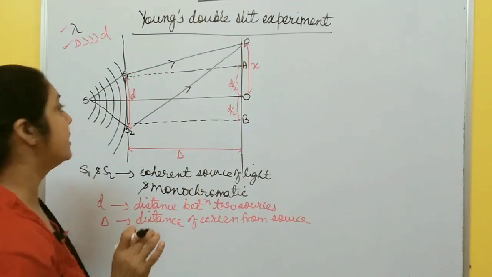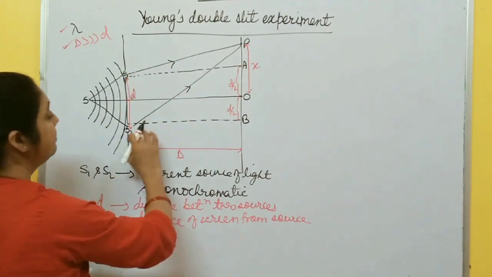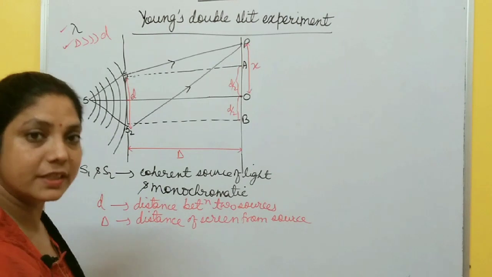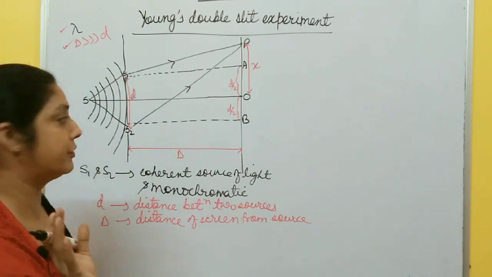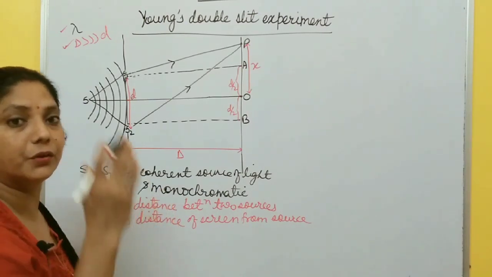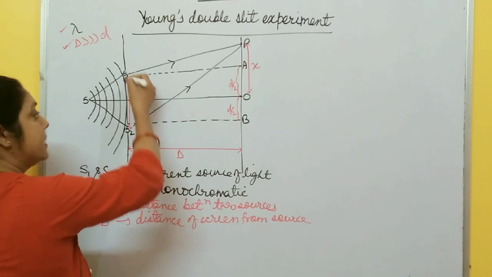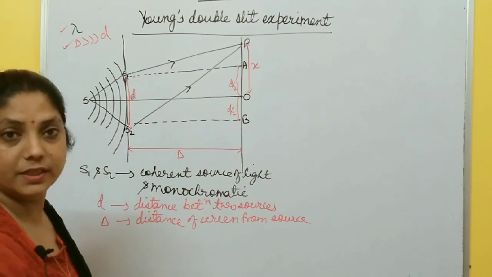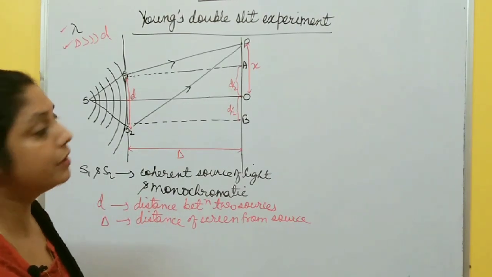So it is clear from the figure that there is a path difference between S1P and S2P, and due to this path difference, phase difference is also there. You know the relation between path difference and phase difference: phase difference is 2 pi by lambda into path difference. Our main aim is to calculate that path difference, and from that path difference we derive conditions for maxima and minima intensity.